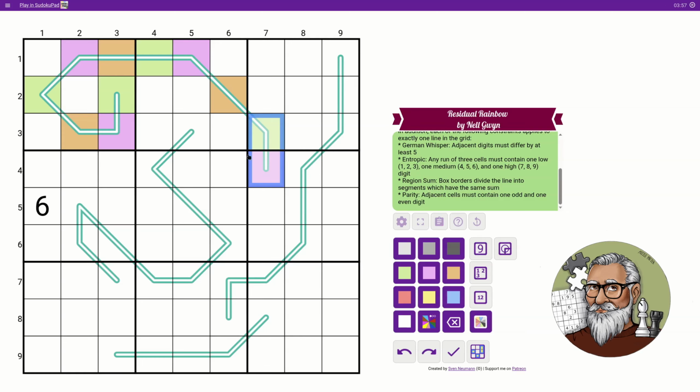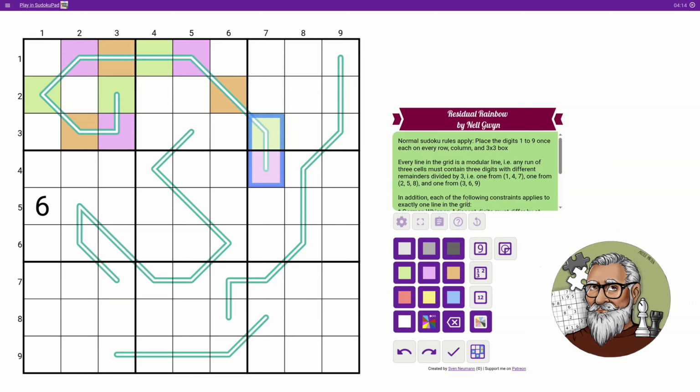Is it parity? Adjacent cells must contain one odd and one even digit. I don't see how that could be a problem. Right, how could that be a problem? Oh, yeah.